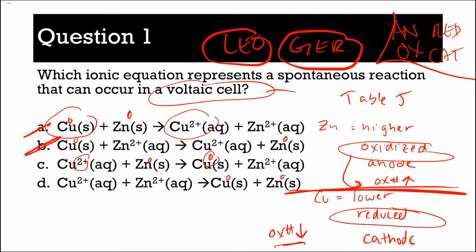That part is correct. And then we know zinc, its oxidation number has to go up, so zinc starts at 0 and then ends at plus 2. So that shows that oxidation number going up. So that's how you would have to approach this type of question. There's a lot to think about, but if you break it down step by step, it is very, very manageable.